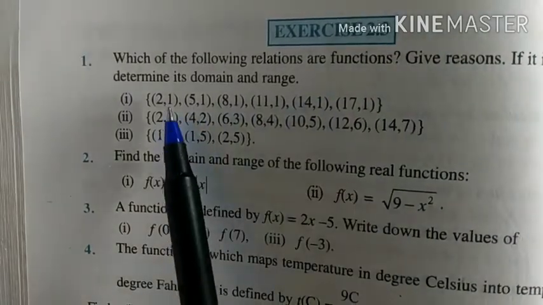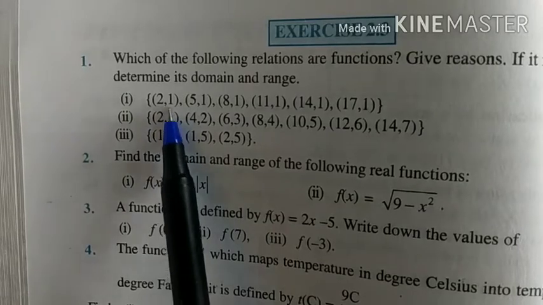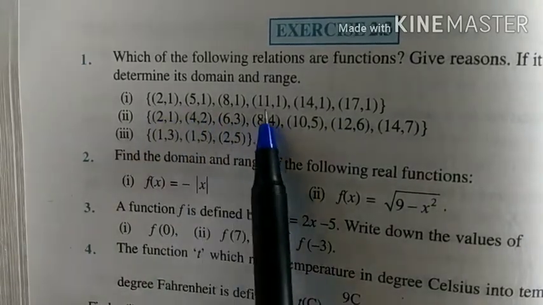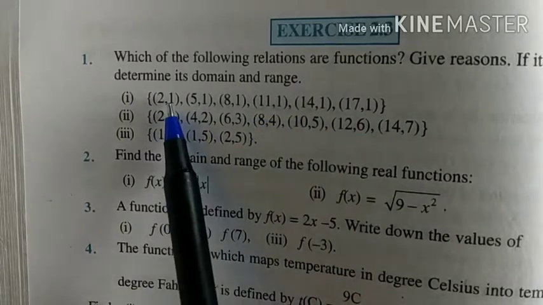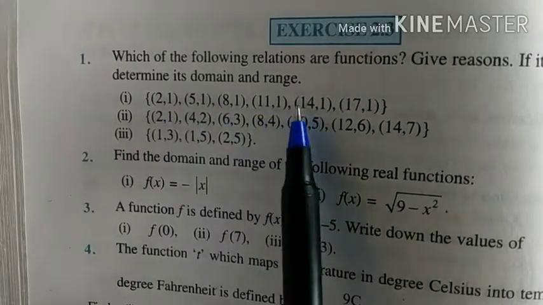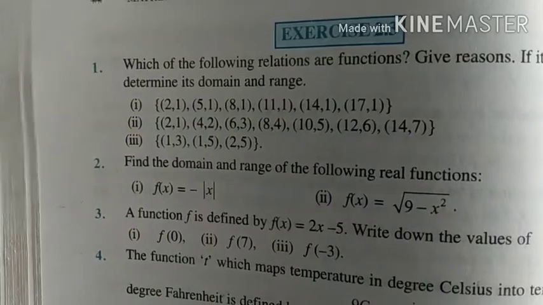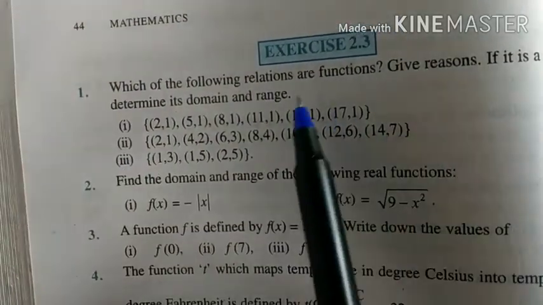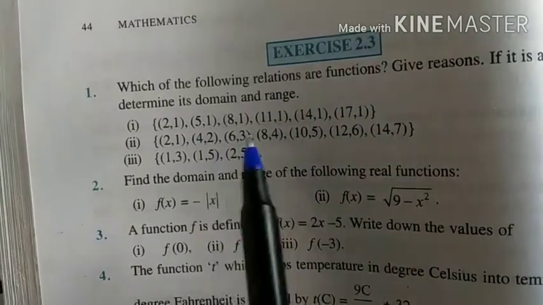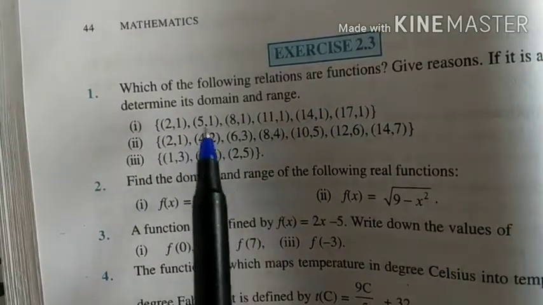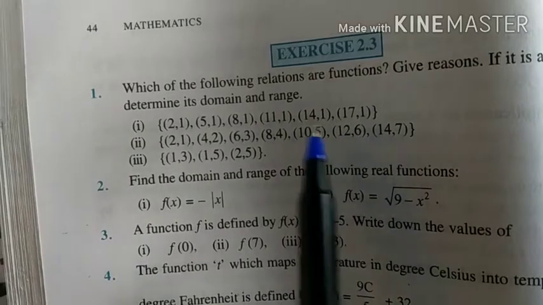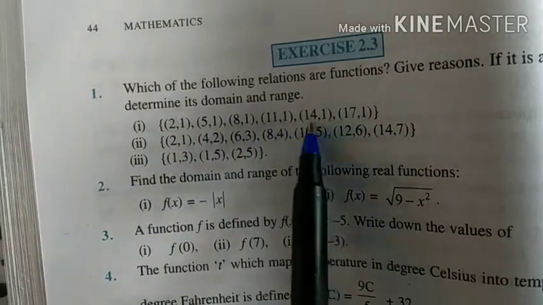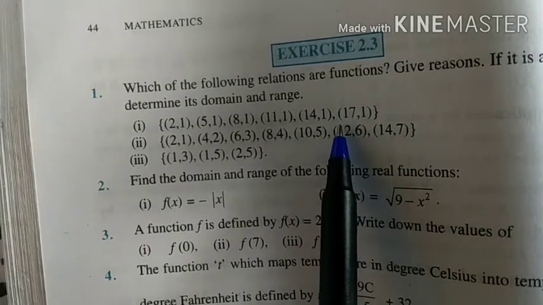So here it is a function because all the first elements we can consider as set A, all the second elements we consider as set B. So the function definition is, each element of set A has only one image in set B. So here set A elements are 2, 5, 8, 11, 14 and 17, right?